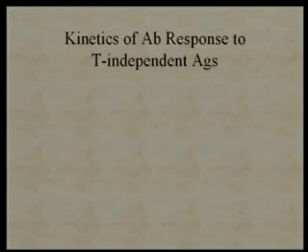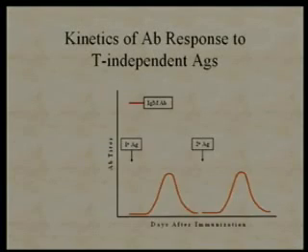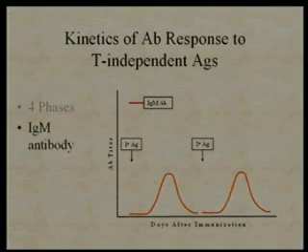All right, that's T-dependent antigens. What about the T-independent antigens? Well, you see all four phases after exposure to a T-independent antigen. There's two differences. One is that only IgM antibodies are made. You don't switch to a different class of antibodies.